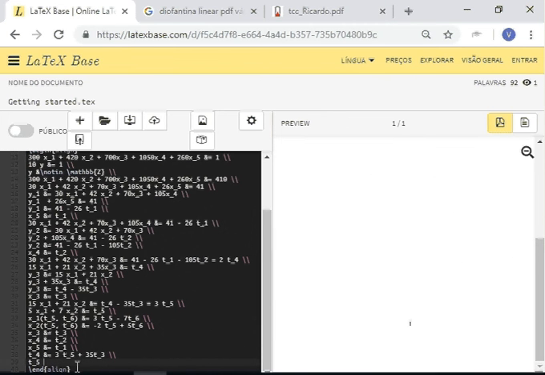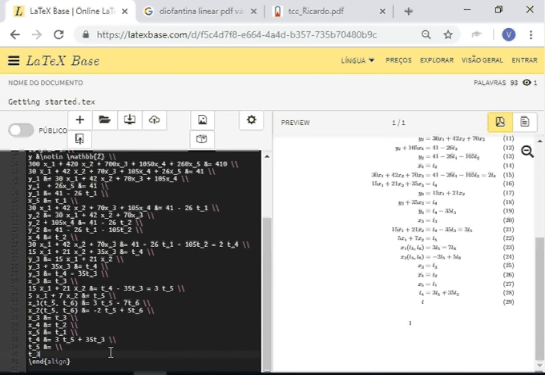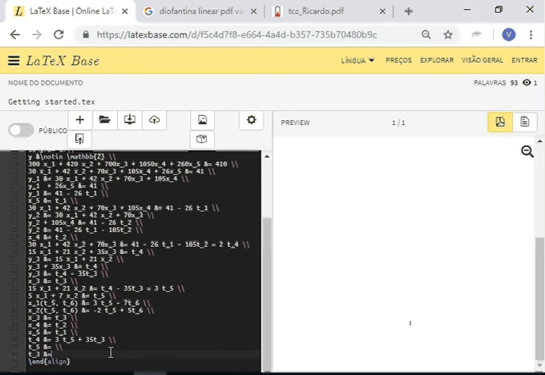T5 equals to something, and T3 equals to another thing. Well, how do we find a solution for 3 and 35?